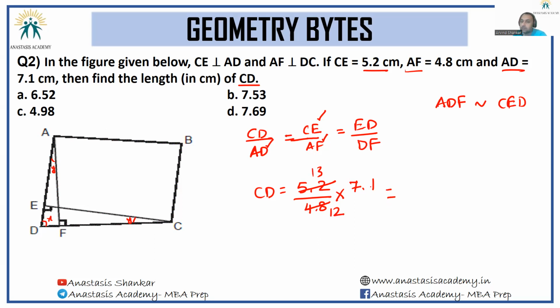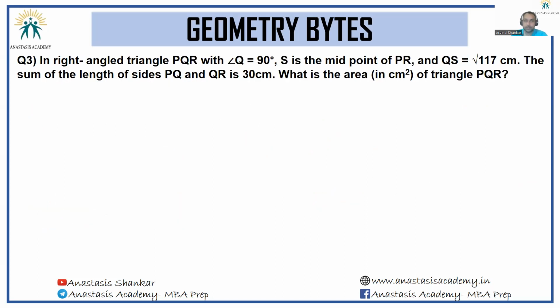So 17,910 plus 13,923, 92.3 by 12. I have to divide this also now. So 784, 883, 8.6, so 7.69. Among the available options, I'll mark D, but D is not precise. It is an approximation.